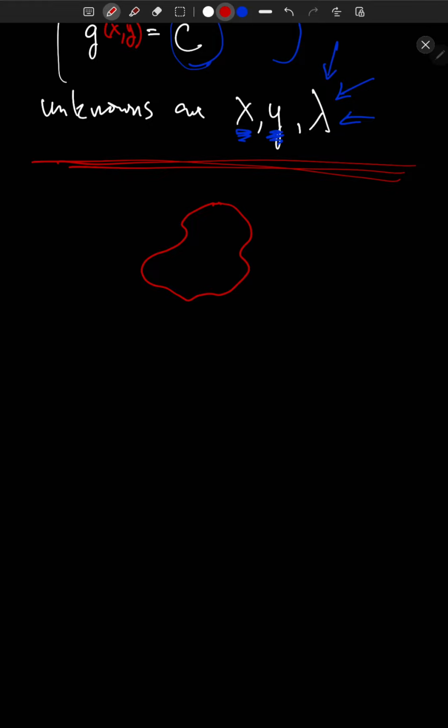In terms of the kind of driving and elevation idea, this would be like the curve on our map, the road on Google Maps. So this would be a level curve of g.